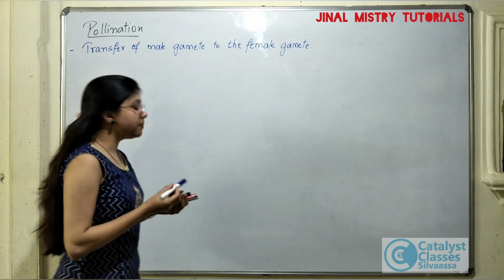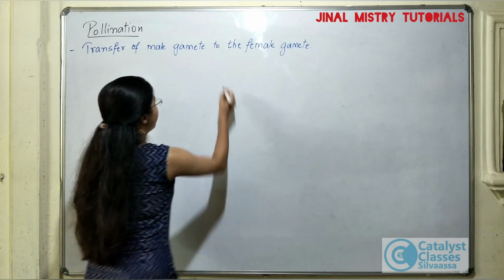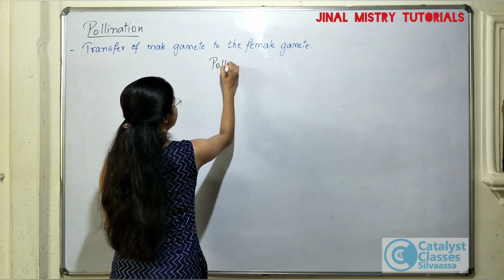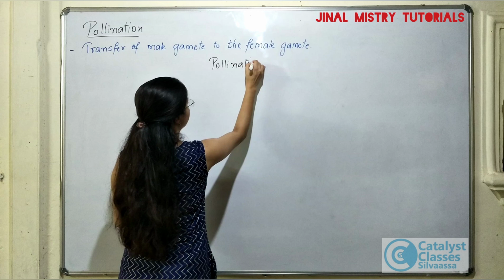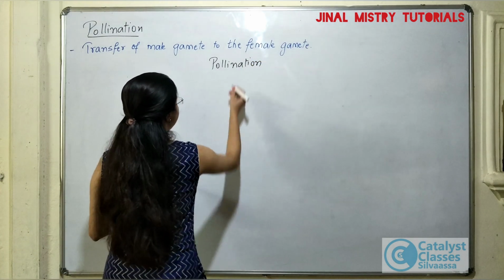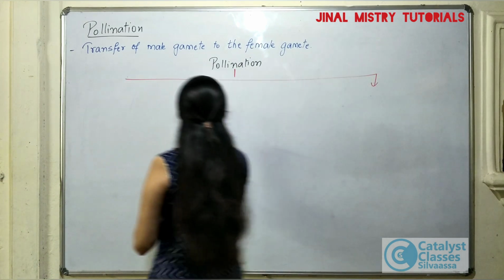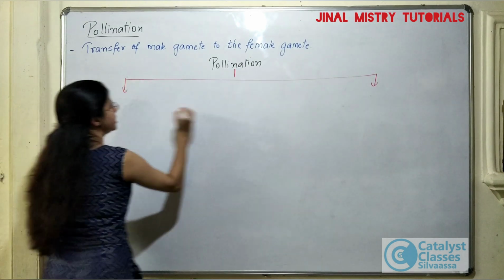This process is called the pollination process. Now different plants have different pollinating mechanisms, and depending upon that, the pollination process found in angiospermic plants is of three kinds.